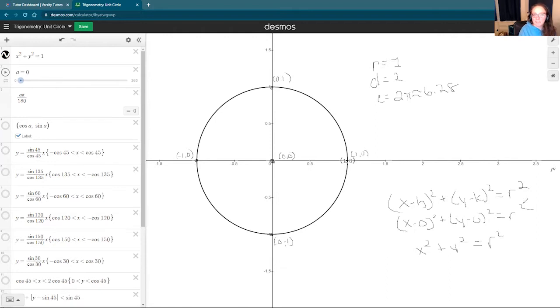Does this look familiar to you in any way? x squared plus y squared. What does it look like? It kind of looks like an equation of something else. That's right. I'm going to see if I can jog your memory. Imagine if I were to draw a right triangle.